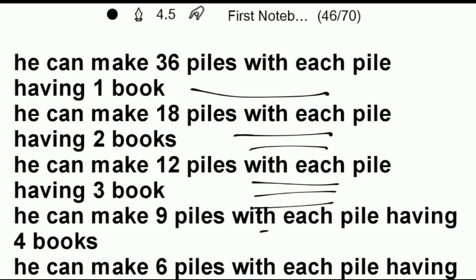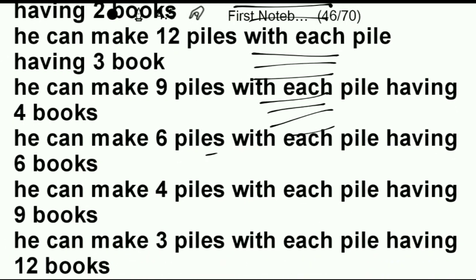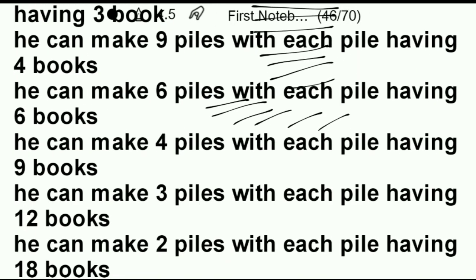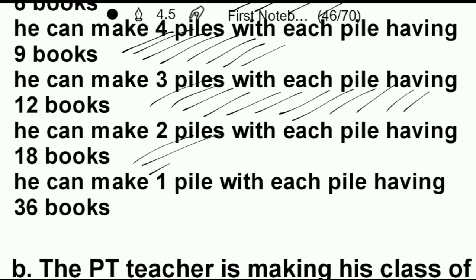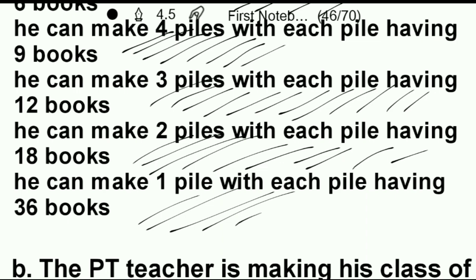Then 9 piles of 4. Then 6 piles of 6. Then 4 piles of 9. Then 3 piles of 12, then 2 piles of 18, like this. Then 1 pile of 36 like this.